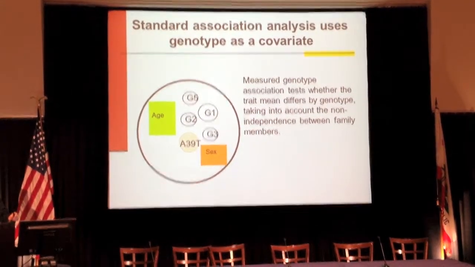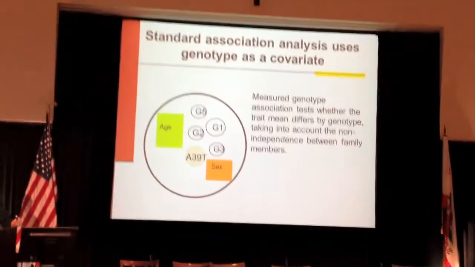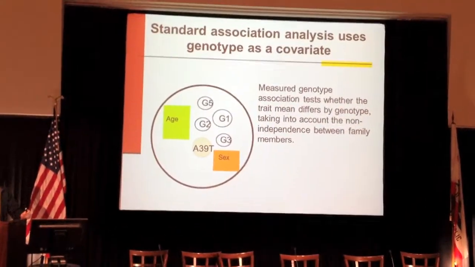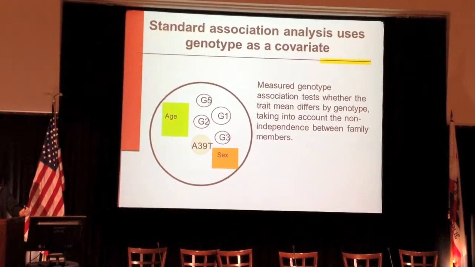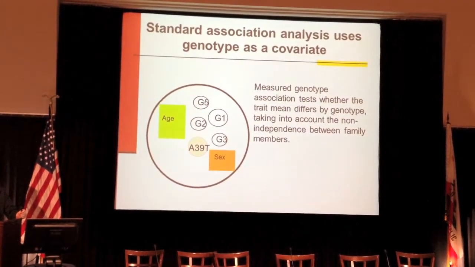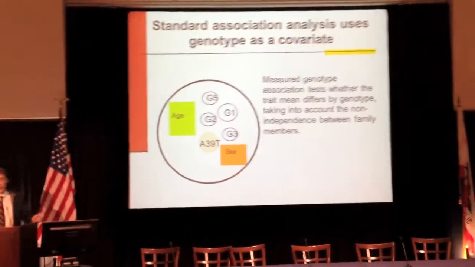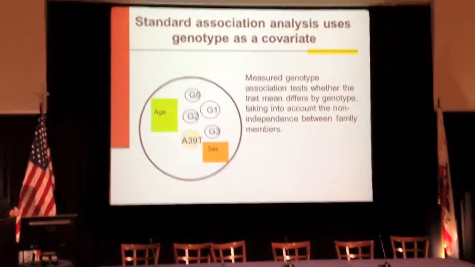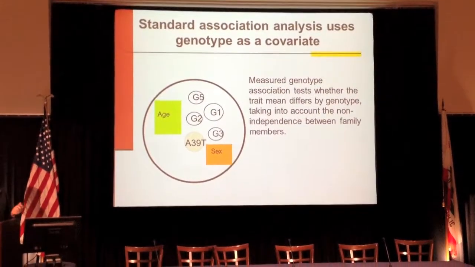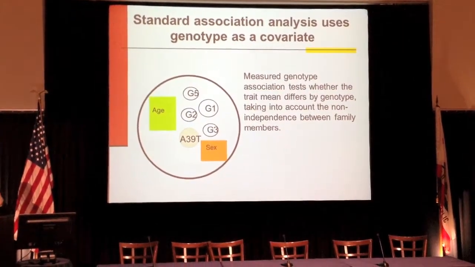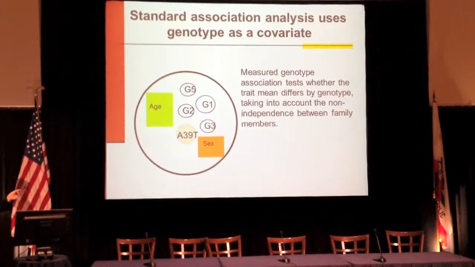Now, we have looked into the heritability analysis, right? You heard the term GWAS, or genome-wide association analysis, many times during the last couple of days. So, what is that GWAS analysis? Well, in actuality, it's very, very simple.